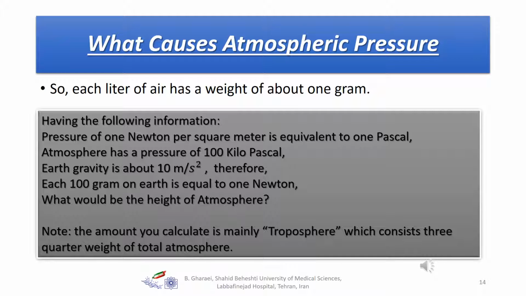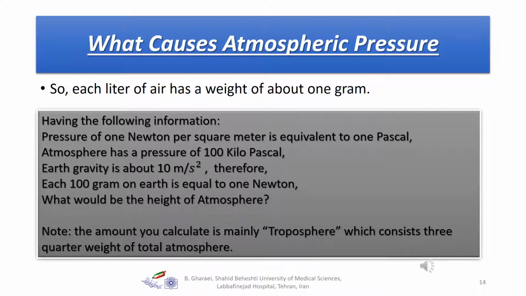So each liter of the air will have 0.2 multiplied by molecular weight of oxygen over 22.4 plus 0.8 multiplied by molecular weight of nitrogen over 22.4, and the result would be about 1 gram. So each liter of air has a weight of about 1 gram.